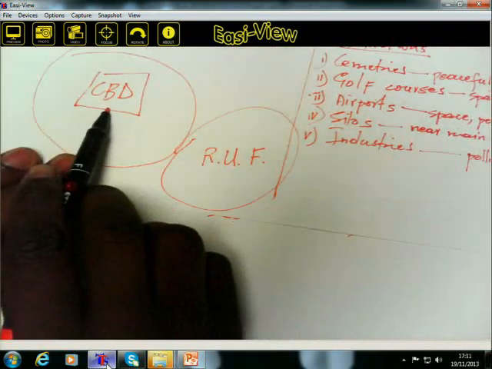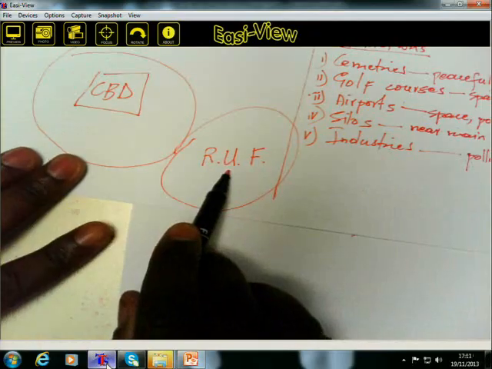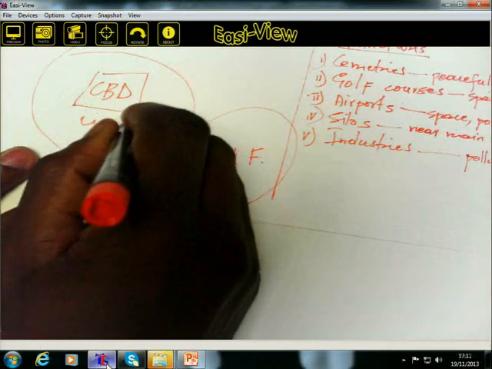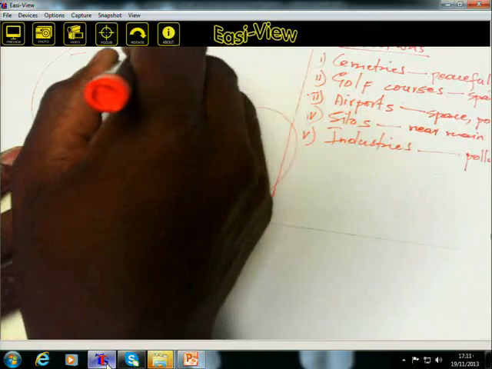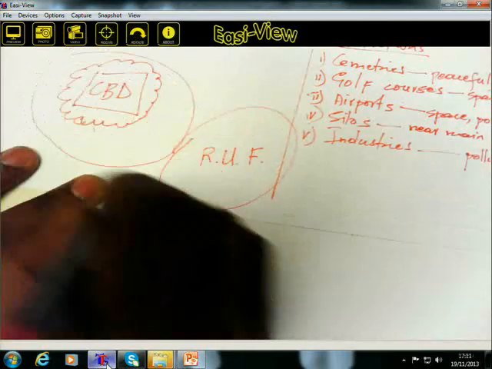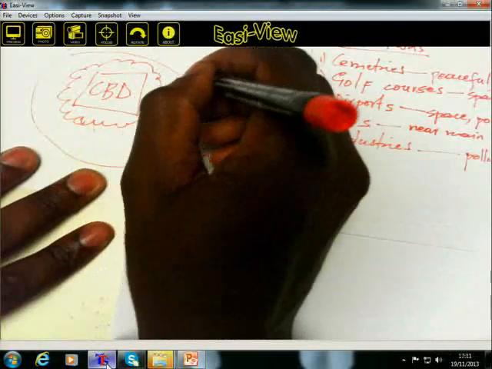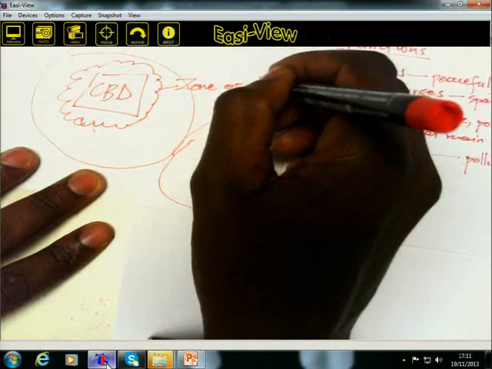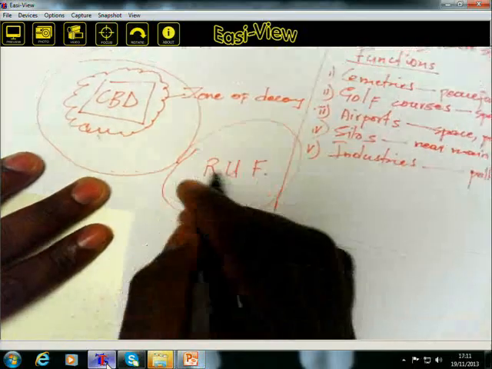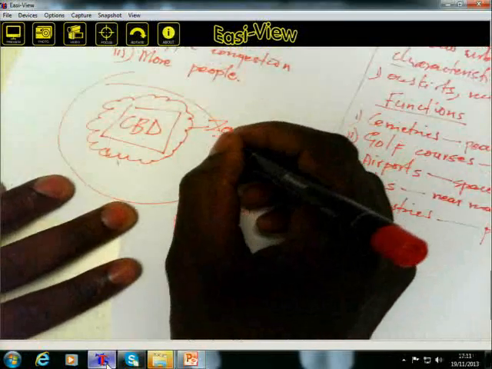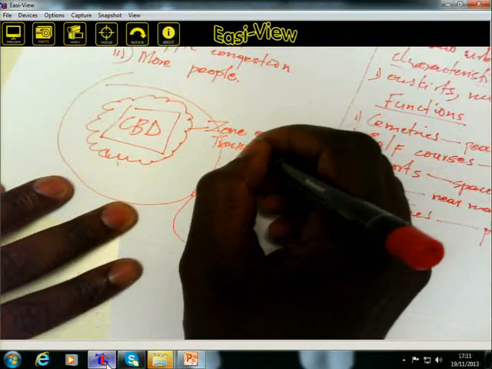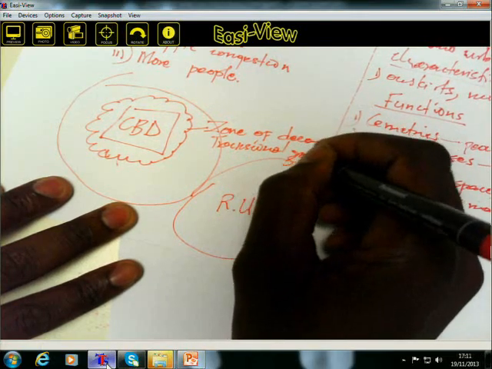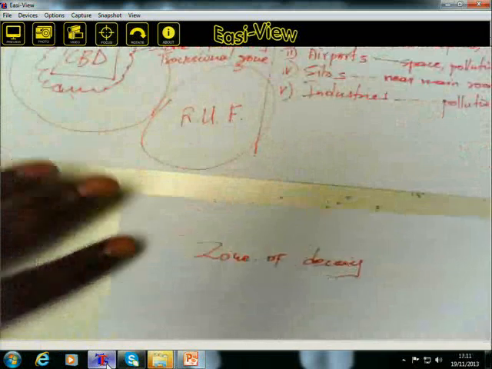You've got your city center, you've got the rural urban fringe, but on an edge of the CBD, you've got what you call your zone of decay. Zone of decay, or in another book they call it your transitional zone. This is your transitional zone.